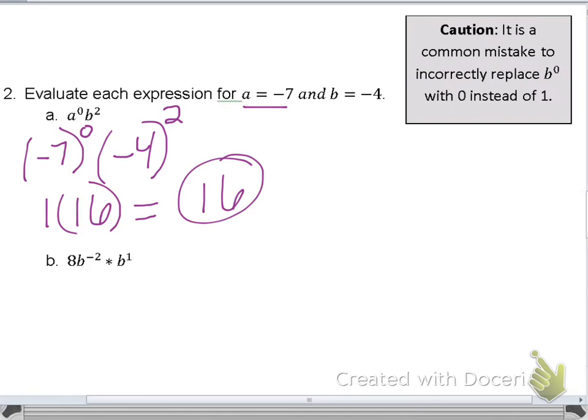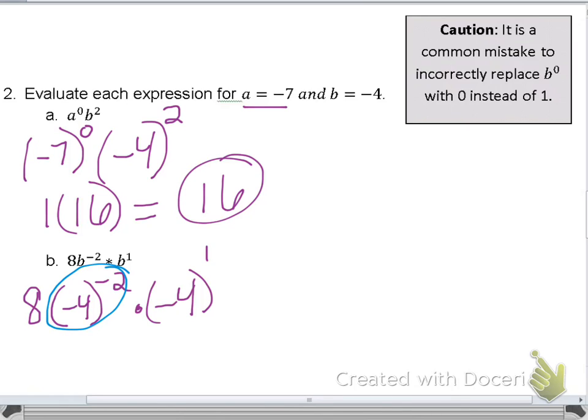The next example, we're going to use the same values for our variables. Start off with an 8 times b, which is negative 4 to the negative 2nd power, times b again, negative 4 to the 1st power. Okay, now, first of all, we have to move this negative 4 to the negative 2nd power to the bottom of this fraction.